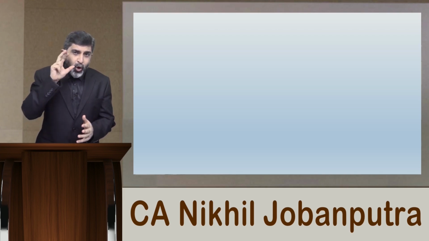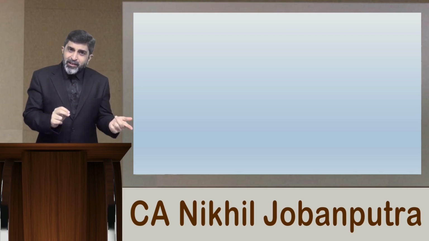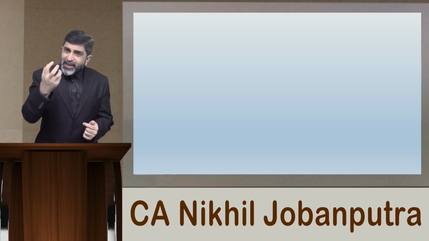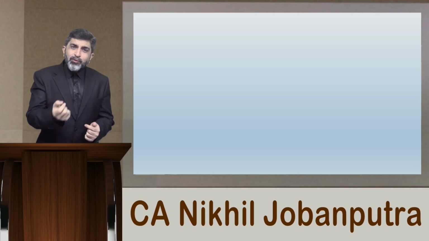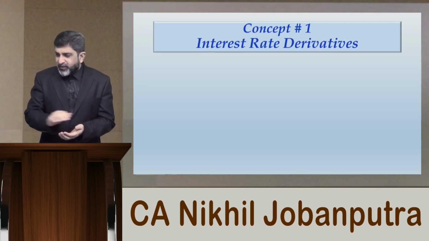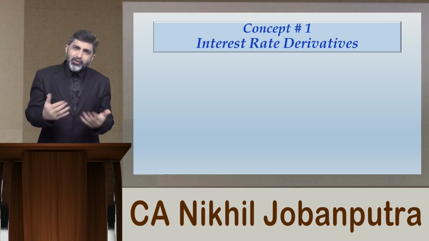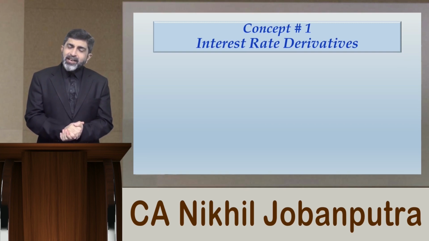So our whole objective is interest rate risk management, and the instruments which we are going to use for managing the interest rate risk are called interest rate derivatives. So that calls us to discuss concept number 1 within this chapter, which is also titled interest rate derivatives.